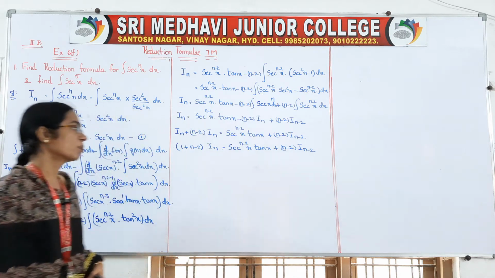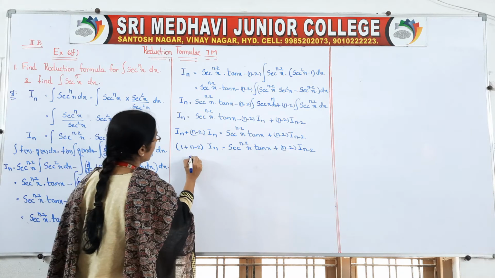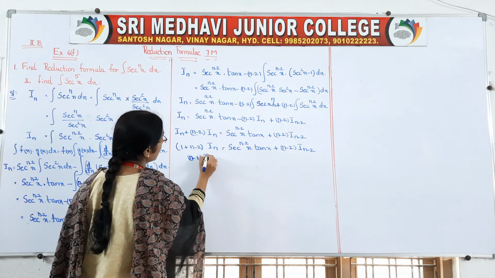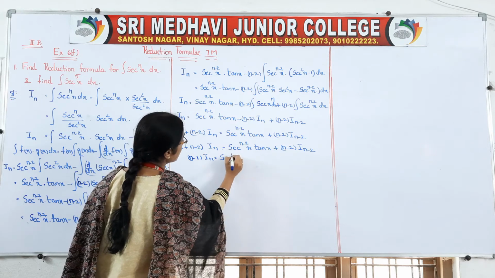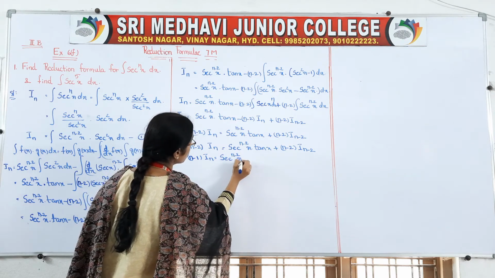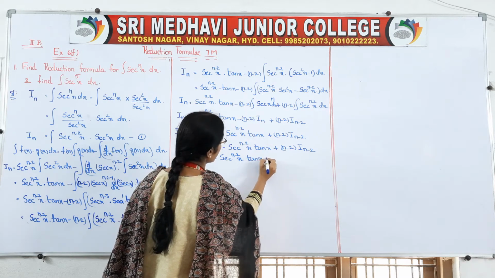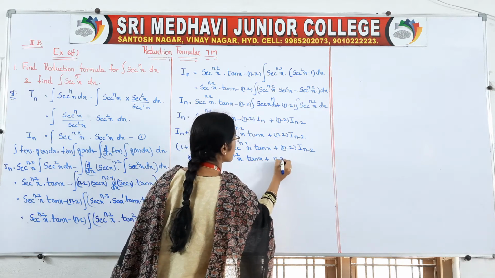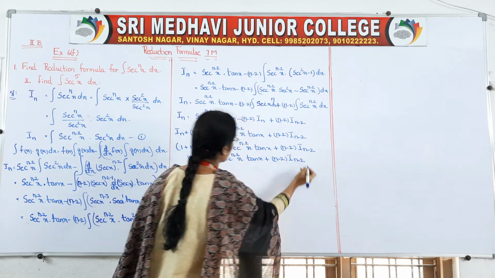So minus 2 plus 1 is minus 1. So it is n minus 1 into In is equal to secant to the power of n minus 2 x into tan x, plus n minus 2 into I(n minus 2).